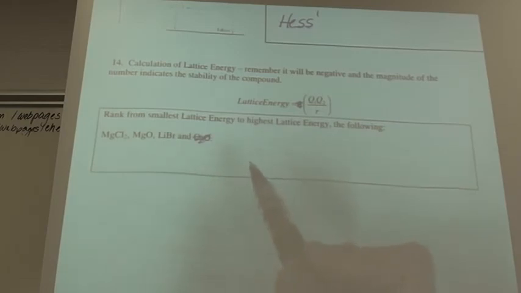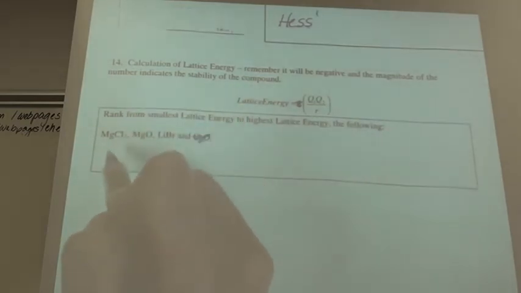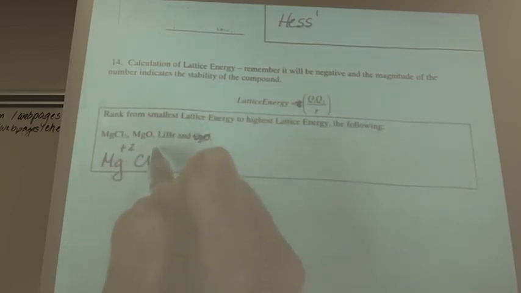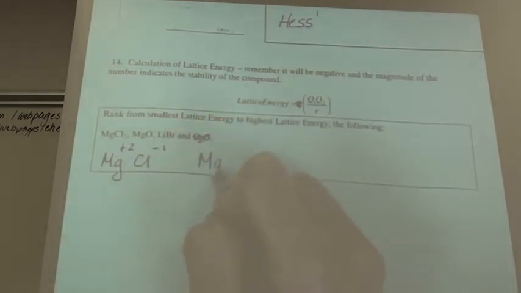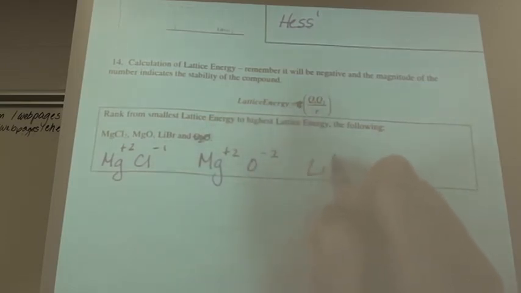So far, so good? Let's do it like this. Magnesium ion has a +2 charge, and chlorine has a -1 charge. Magnesium has a +2 charge, oxygen has a -2 charge, lithium +1, bromine -1.